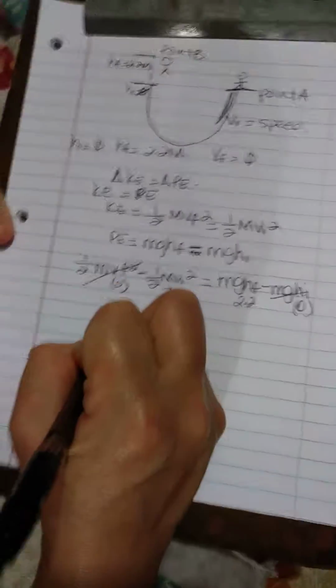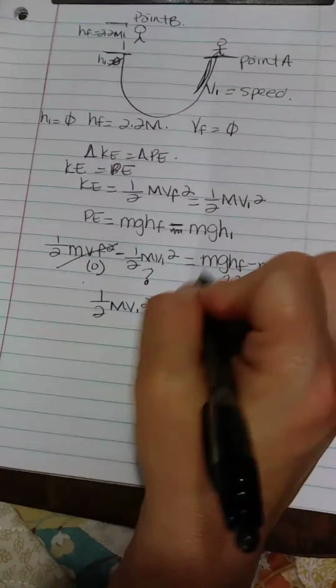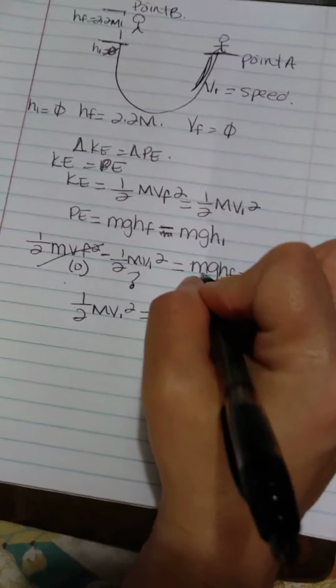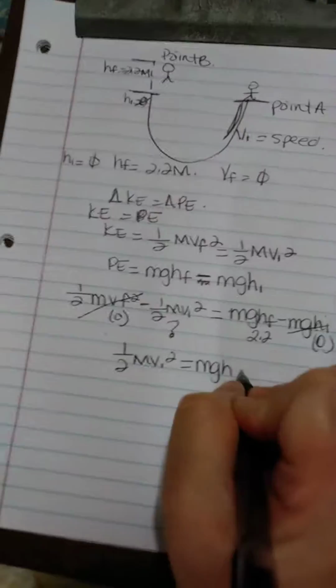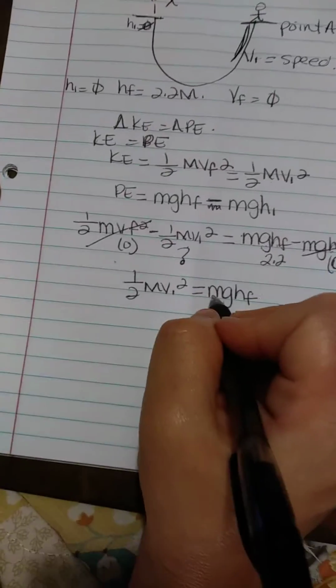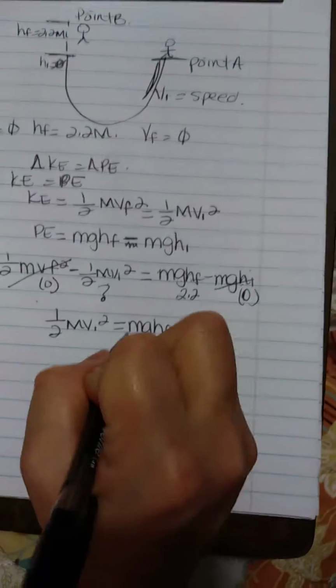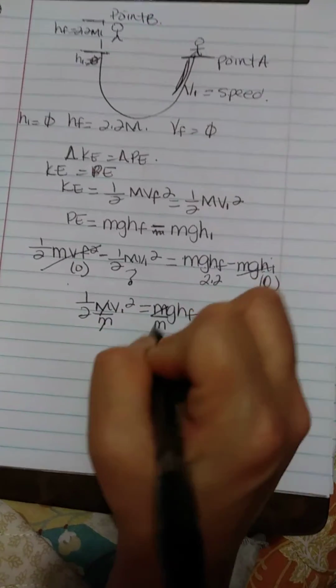We're going to be left with 1/2 the initial velocity, with the final mass, gravity, and height. We don't have mass, we don't need mass. So we can divide our mass from both sides and get rid of that.